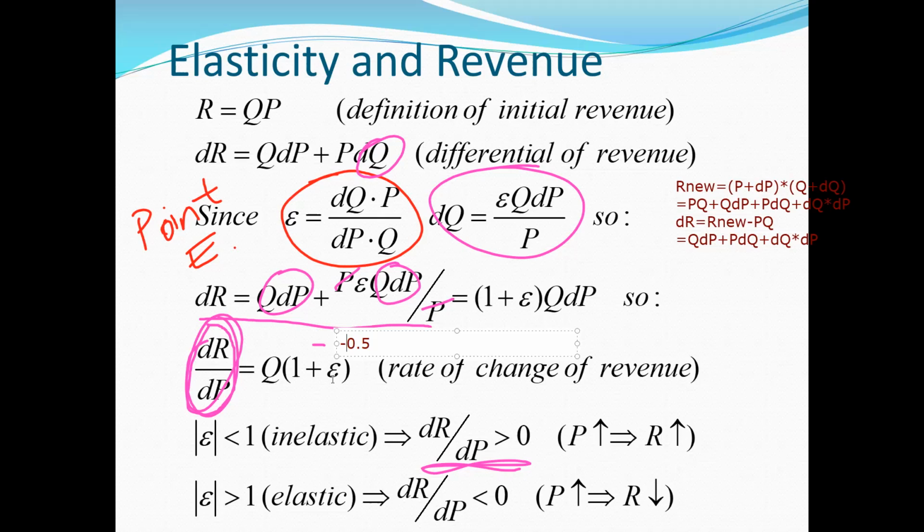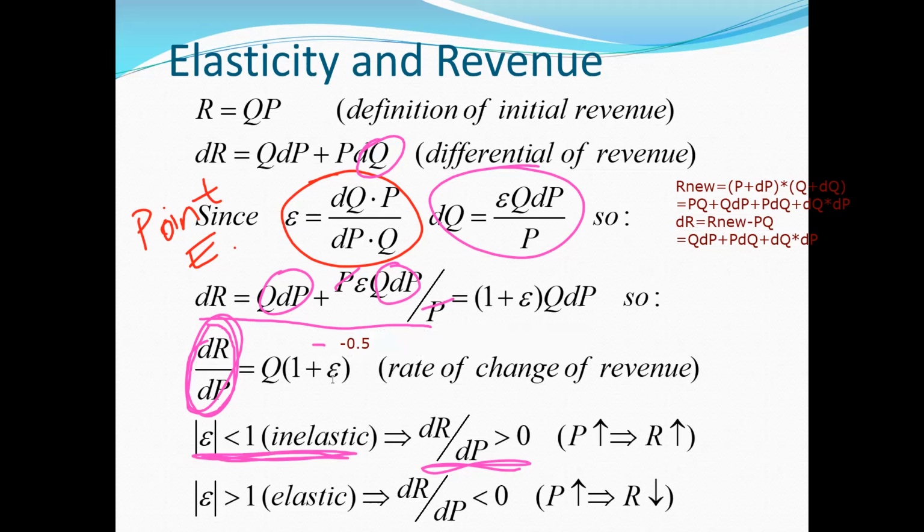And dR over dP is change in revenue as the price changes, right? dR over dP greater than 0 means if price goes up, the revenue will go up as well, because the slope of change in revenue is positive with respect to price. So as price increases, revenue will go up as well under this scenario.